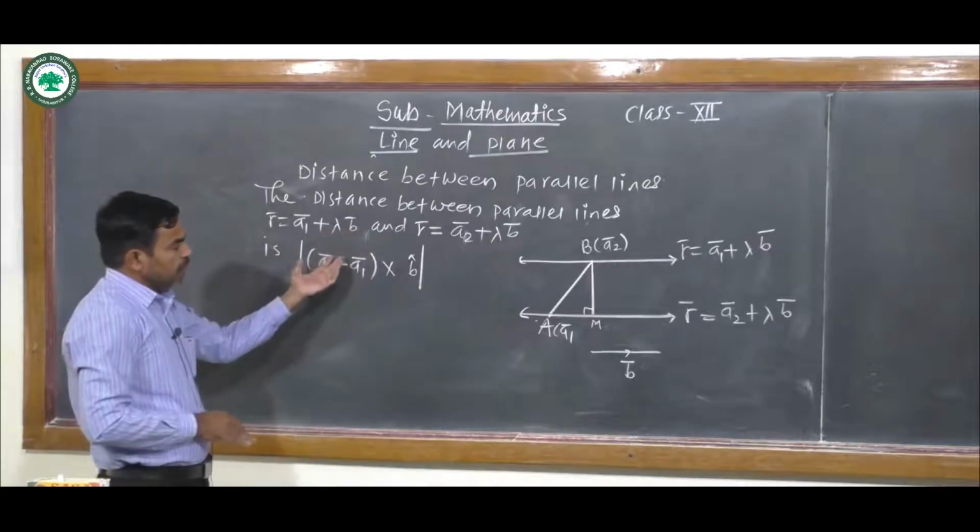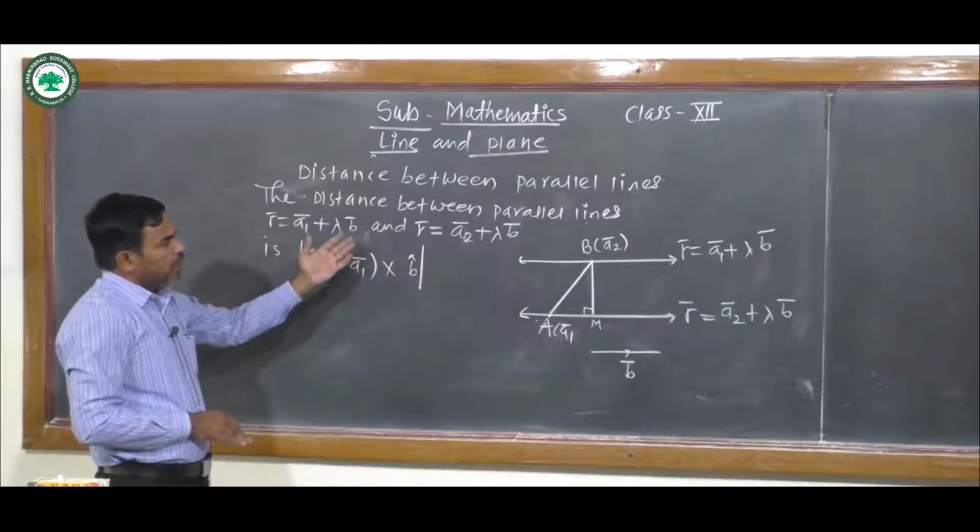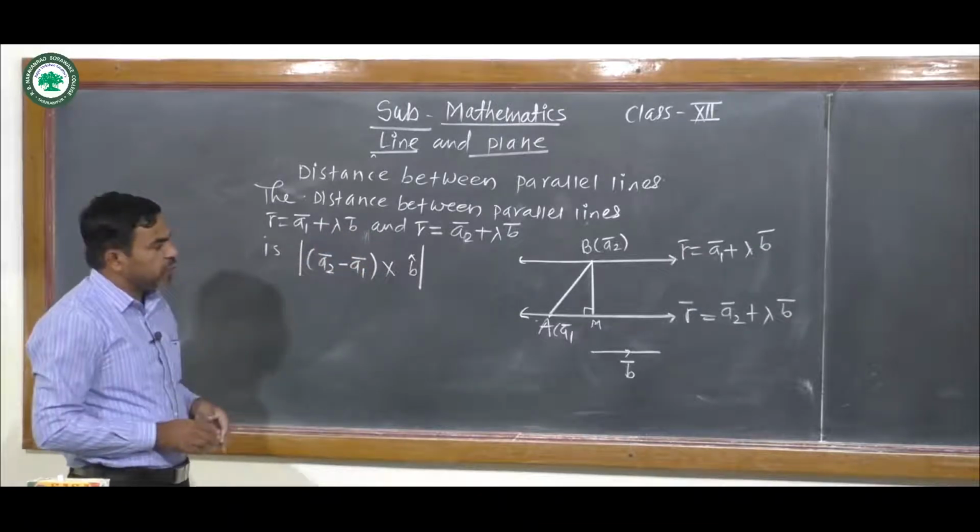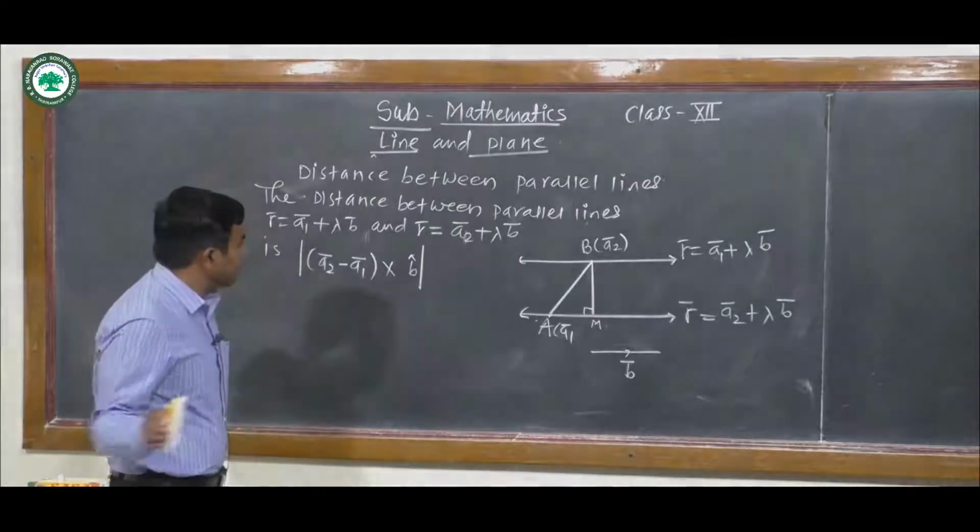Now we have seen distance of a point from a line, and then the distance between two parallel lines. Now let's see the examples.